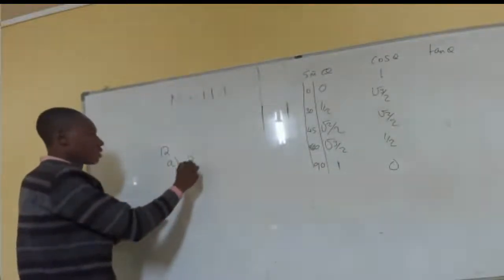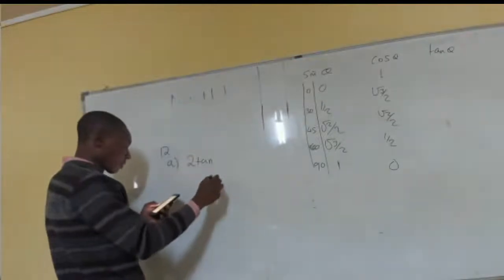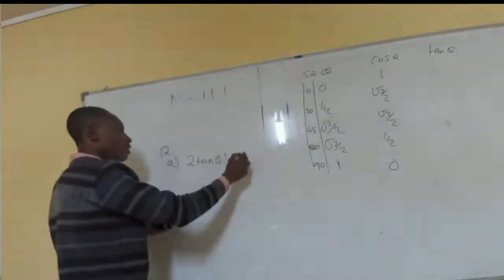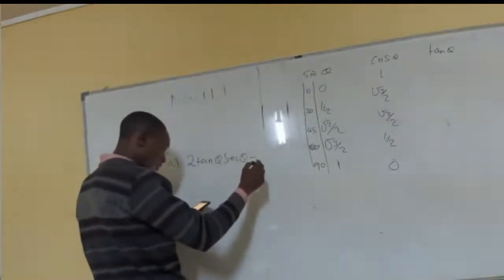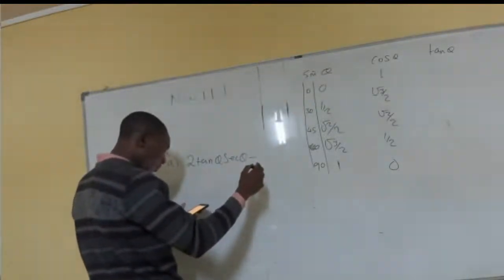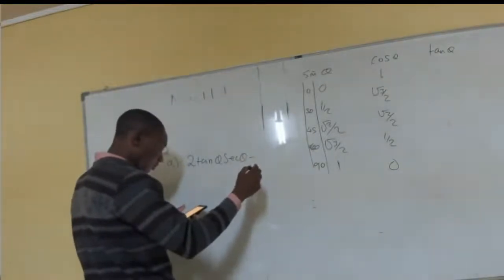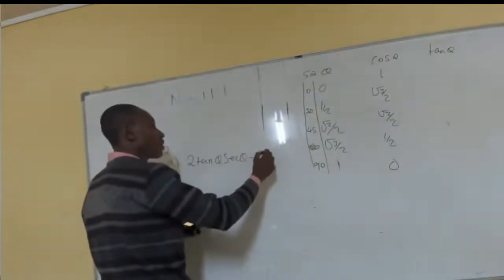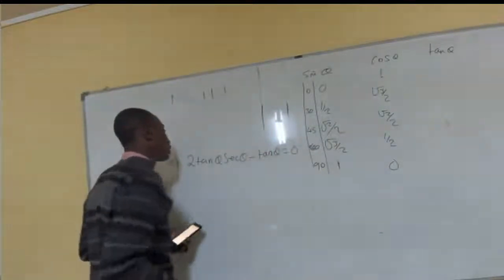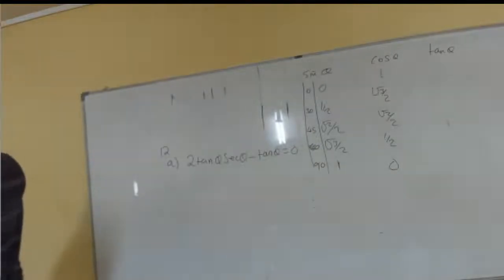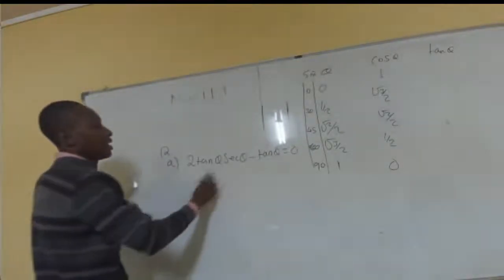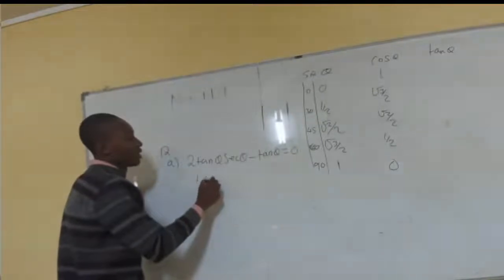It says 2 tan theta sec theta minus tan theta is equal to 0. If you look at this question, what is common here is tan theta, so I can factor out tan theta.